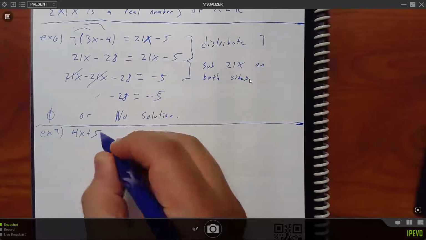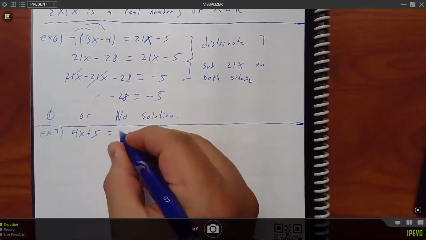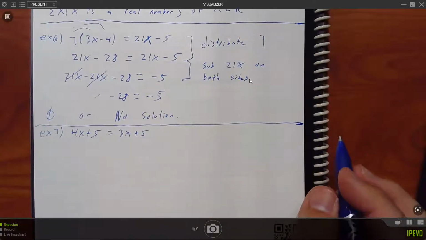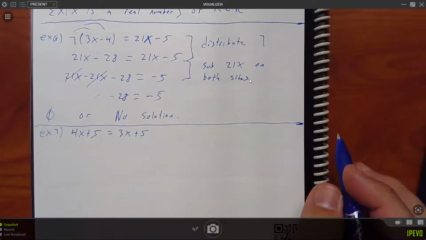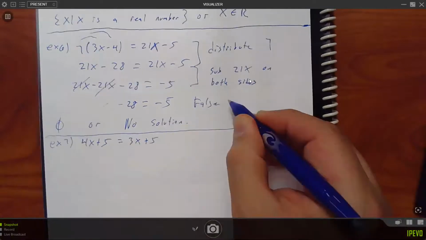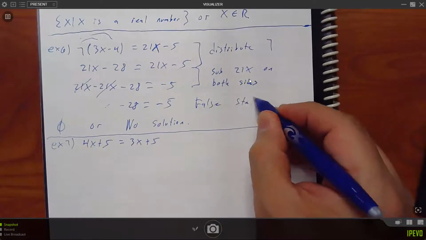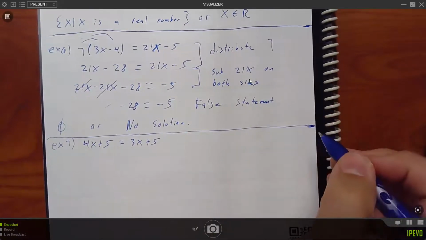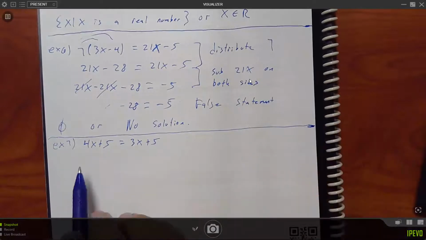4x plus 5 is equal to 3x plus 5. Okay, so subtract 3x on both sides.